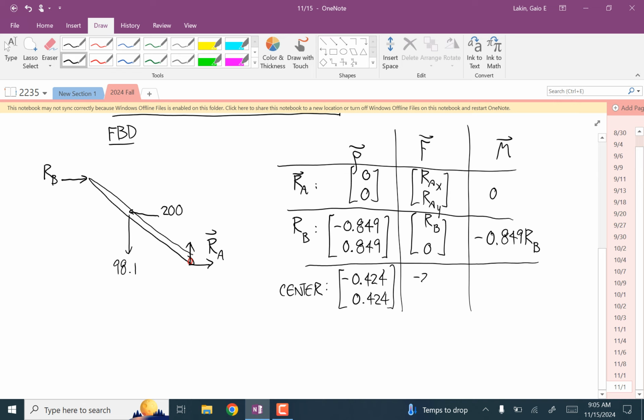This force vector is negative 200, negative 98.1. And the cross product is positive 126.39.